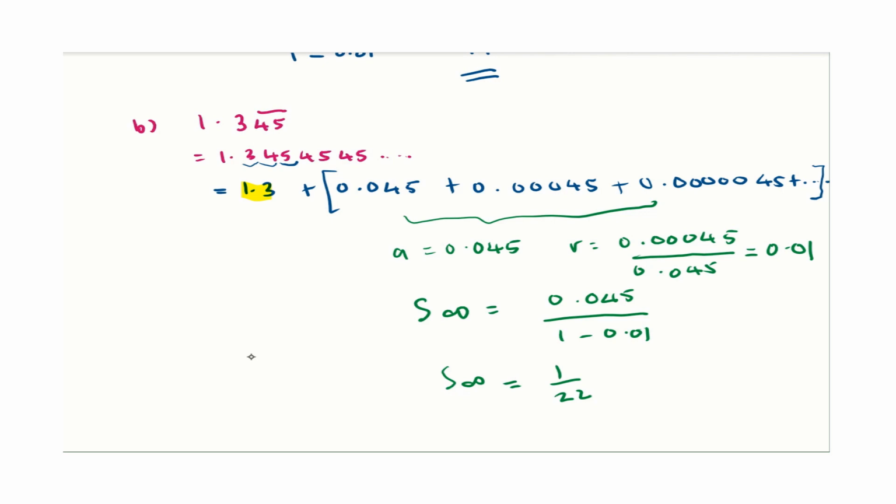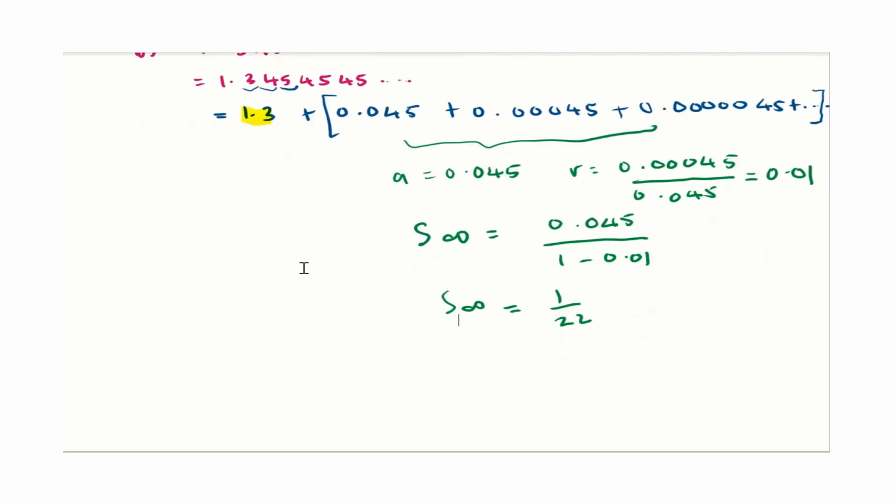And 1.3, if we convert to fraction, is actually what? 1.3 converted to a fraction is 13/10. So finally 1.345 bar is equal to 1.3 plus 1 over 22.